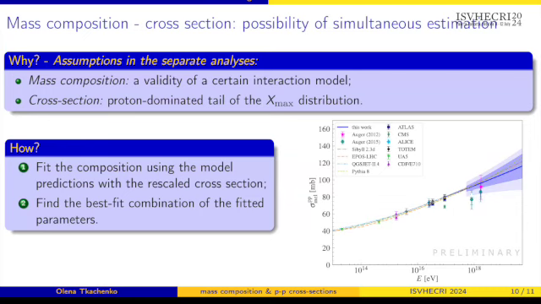The fit is shown by the blue line here, where the dark shaded area shows the statistical uncertainty and the lighter area shows the systematic uncertainty. One can see that the fit obtained from the whole distribution, when composition is also considered in the fit, gives in principle the same results as a separate estimation of the cross-section.